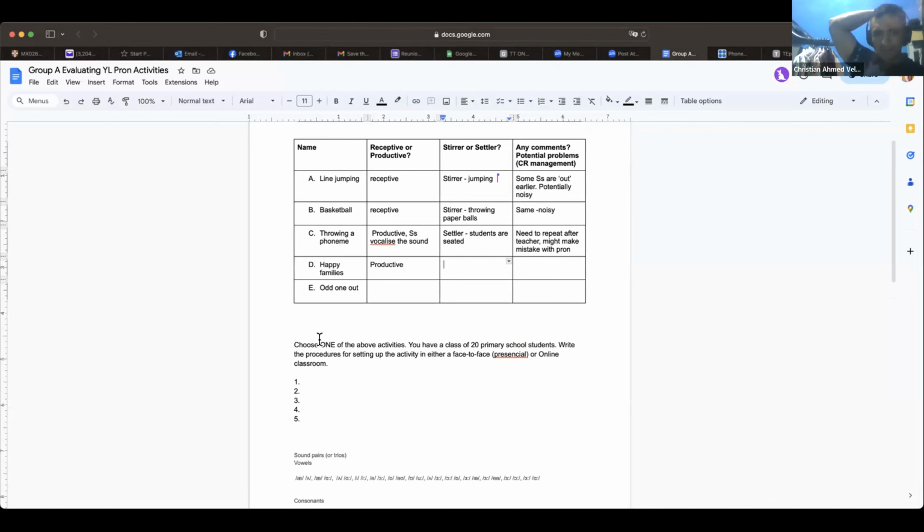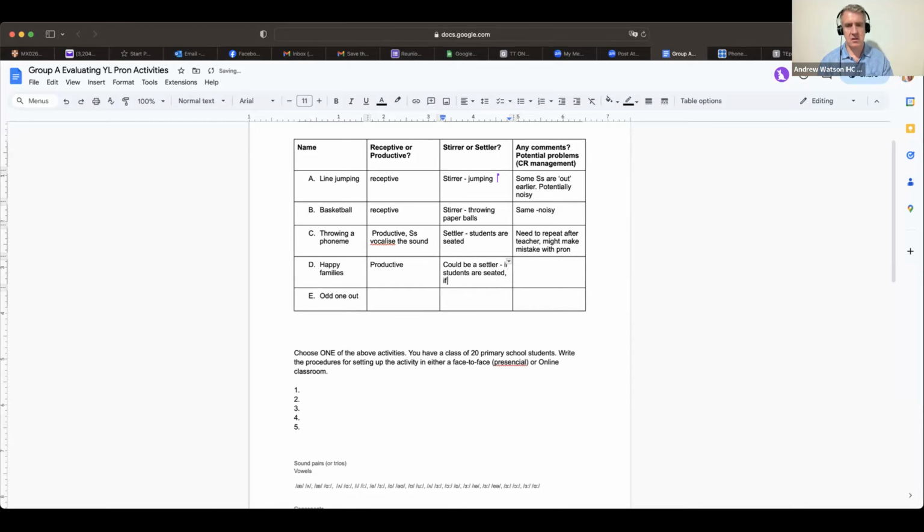Because they only want to say, "Have you got something beginning with?" But they don't move. So if students are seated, but you could have them mingling. So if they mingle, then it's a stirrer.